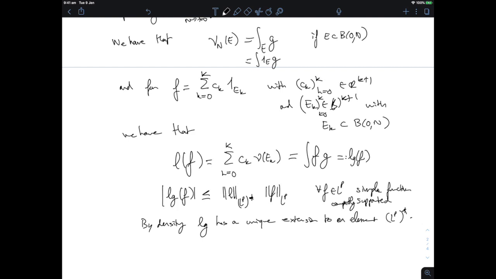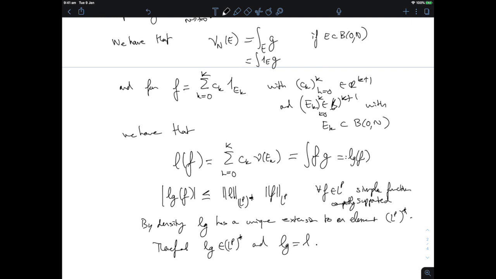Extension by continuity of linear maps that satisfy such a continuity inequality on a dense subspace. So it has a unique extension, and therefore Lg belongs to LP star and is equal to L.